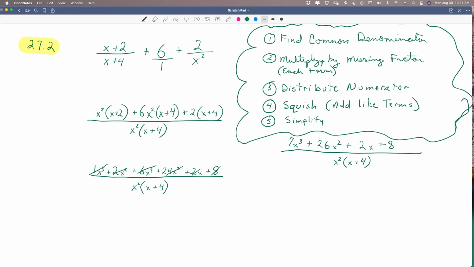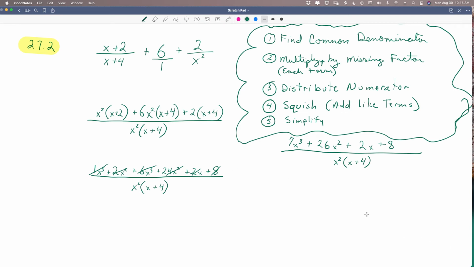We find the common denominator, we multiply by the missing factor, we distribute the numerator. If we need to, we squish or add like terms, and then we simplify. Those are always the steps that we use every time. It's just that our numbers are getting more and more complex as we go forward. So we need to know how to handle that complexity. But the steps remain the same. Okay?